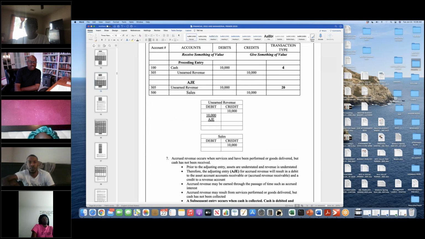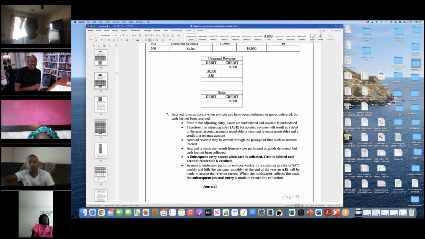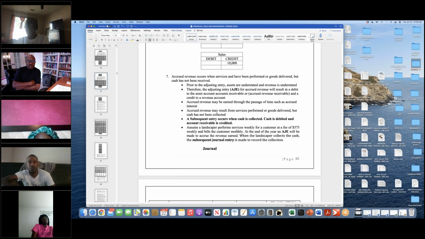You need to be down at accrued revenue, where the services have been performed or the goods delivered, but the cash has not been received. So we're going to have the adjusting entry made where we accrue the revenue, and then in a subsequent entry, we're going to get the cash.